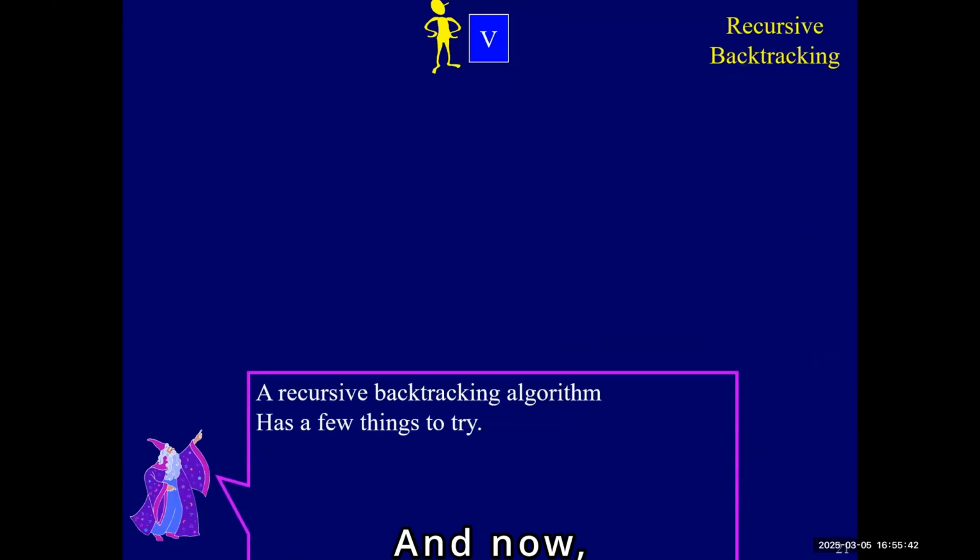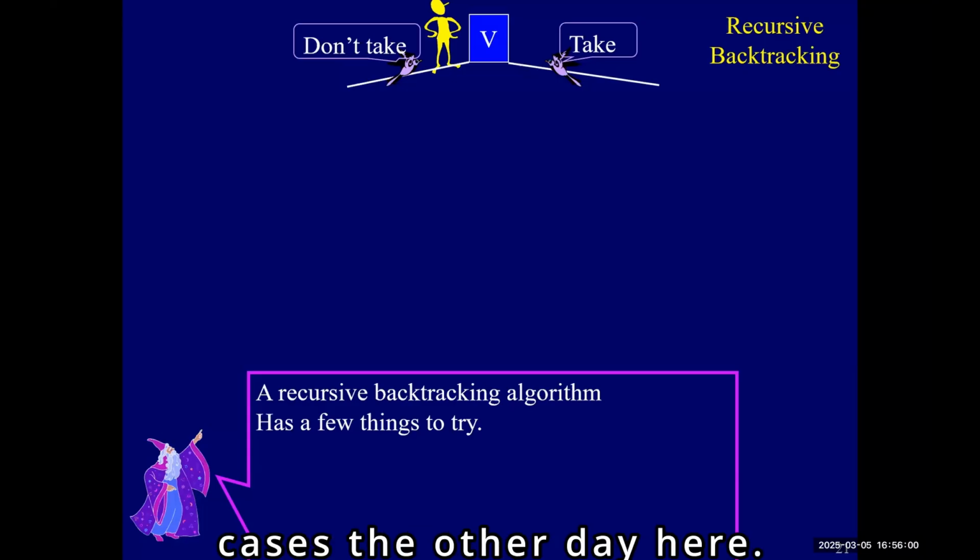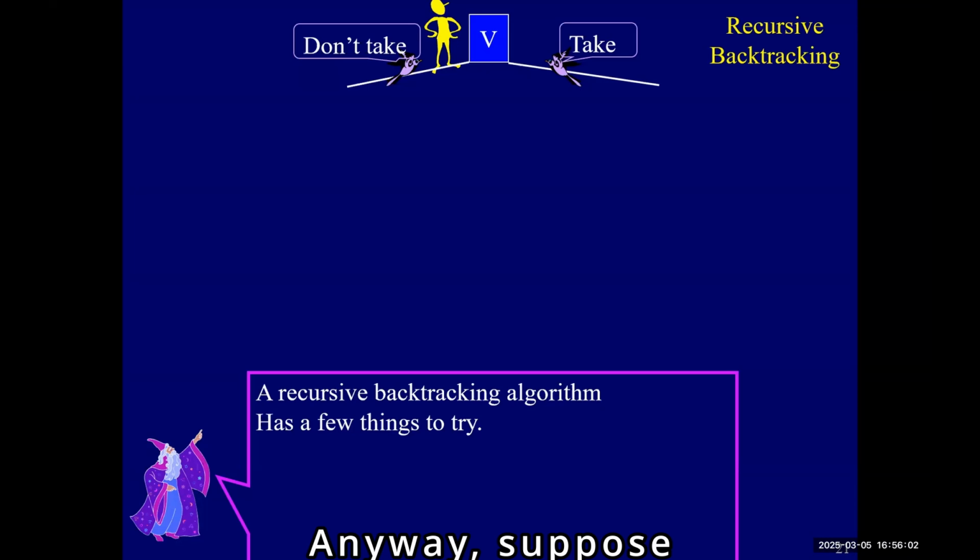And now, what is recursive backtracking? In general, I have an input, and there's a small number of things to try. It's like proof by cases, which we did the other day. Suppose I want to prove something or solve some problem, and I don't know how to do it all at once.